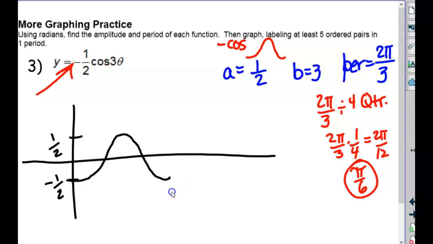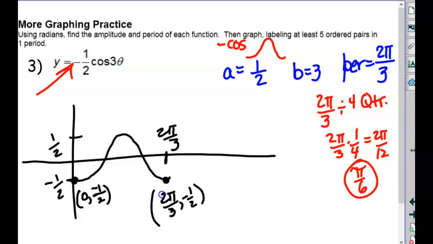I don't care what you use for your scale so that you can make it work for you. If it's stretched out and it's really not supposed to be, whatever. This is 2 pi over 3. So this was 0, negative 1/2. And this is 2 pi over 3, negative 1/2.